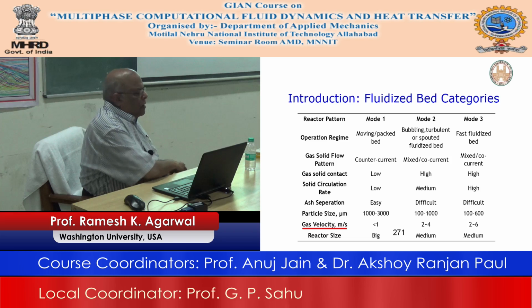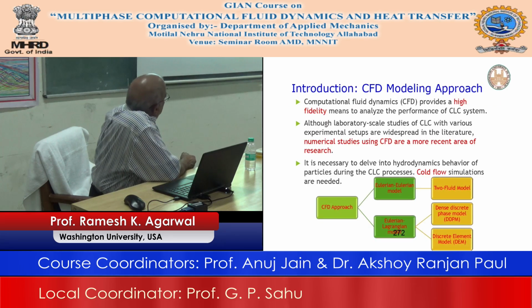All right, now this is important. So you have the CFD approach. There is Eulerian-Eulerian, so both are fluids. There is Eulerian-Lagrangian, which is a DEM. This is a two fluid model that we call TFM, and this is called the dense discrete phase model, which is also in Fluent. And this is a discrete element model that they have put in only in the last 2 years.